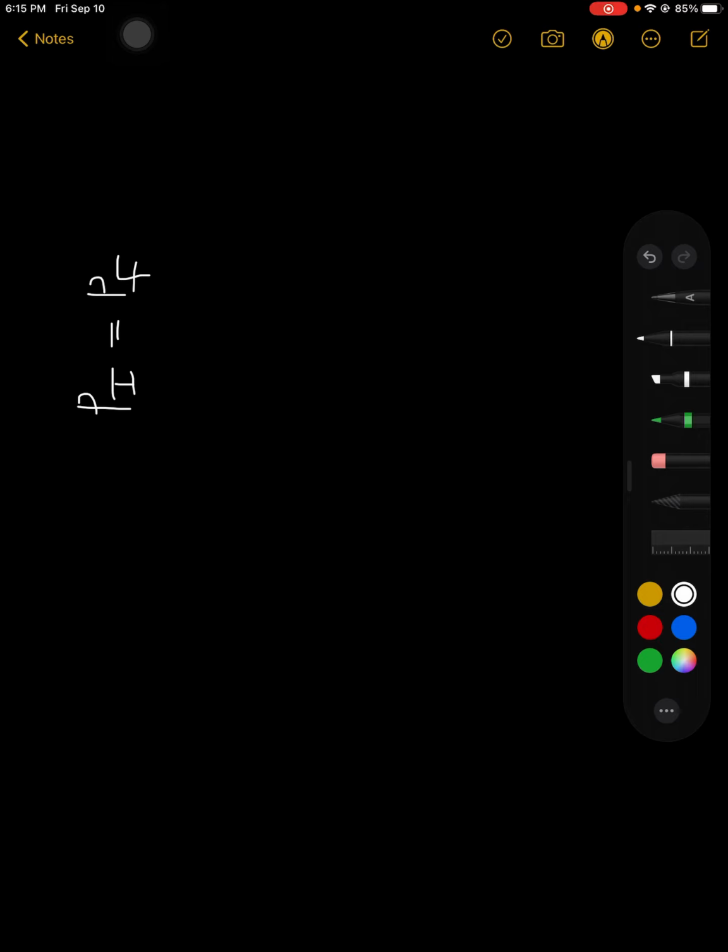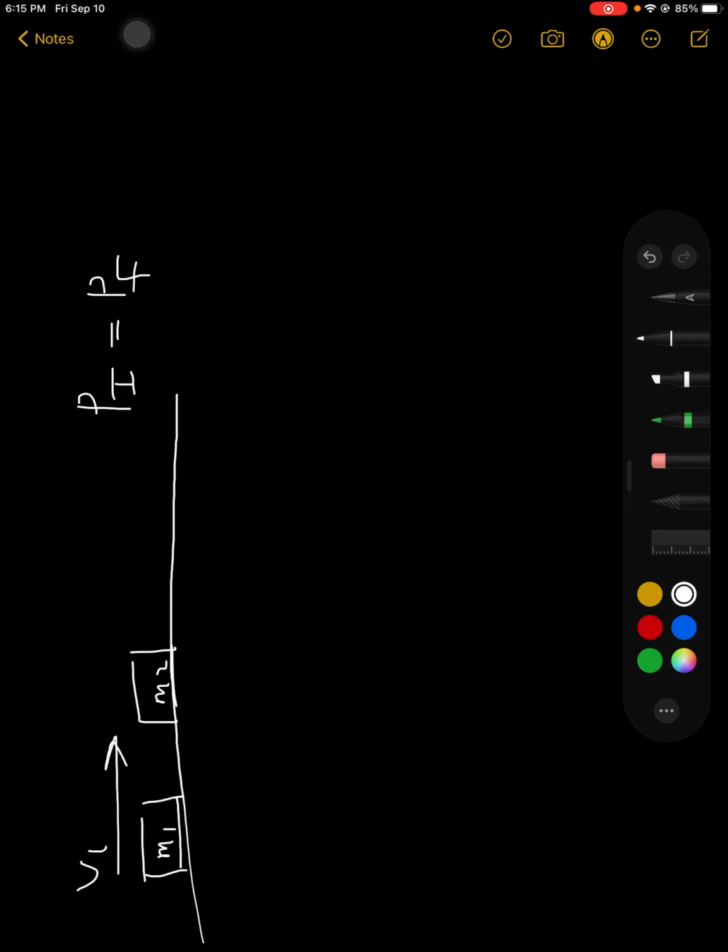So if I say that I have a block with mass m1 moving with velocity v1 in this direction, this block is going to strike another block with mass m2.